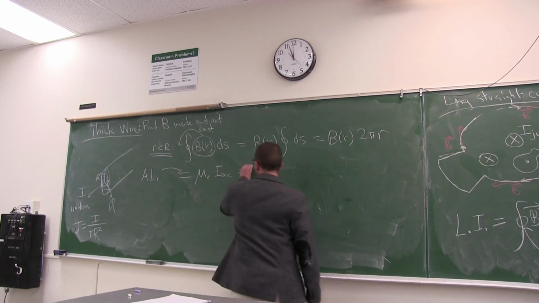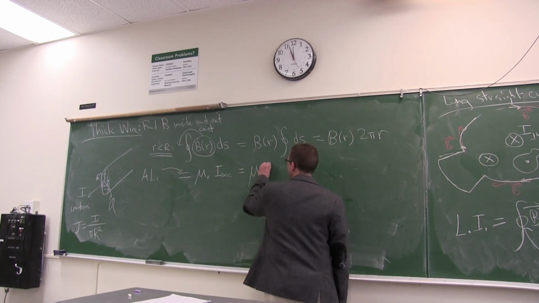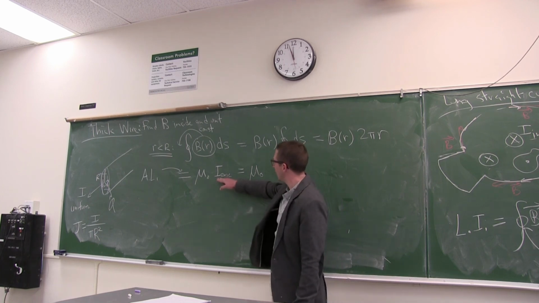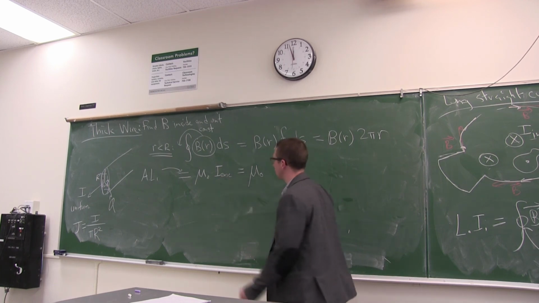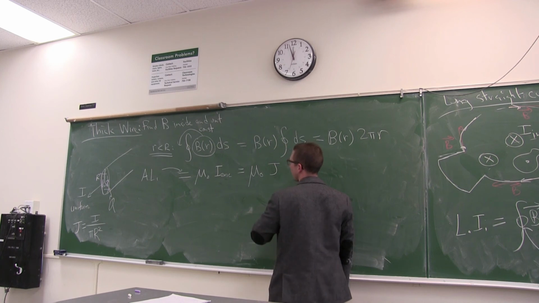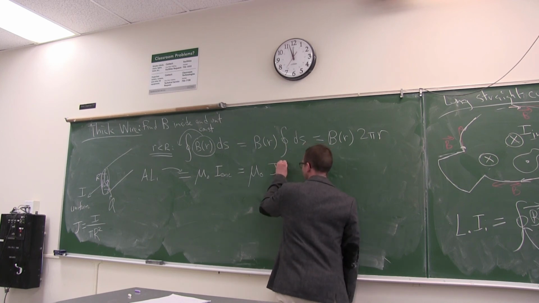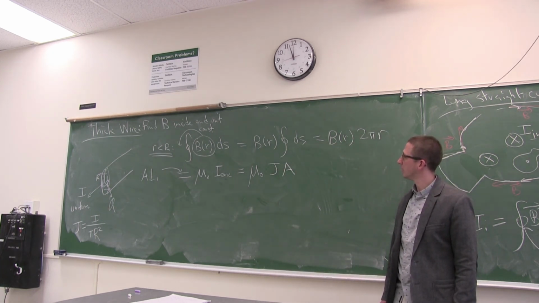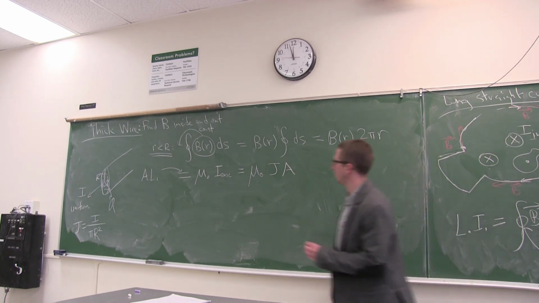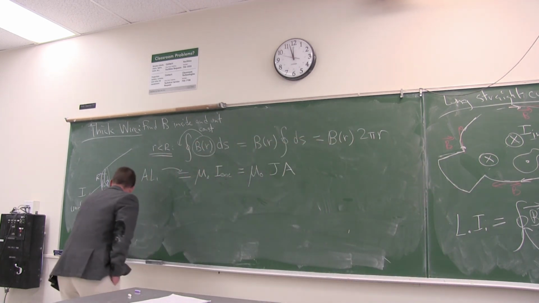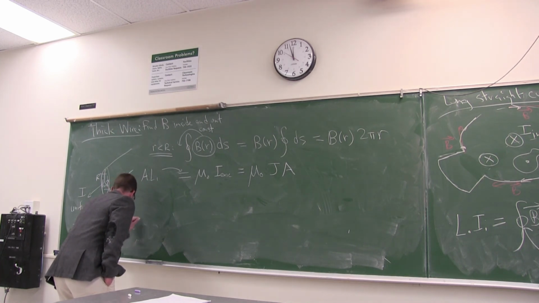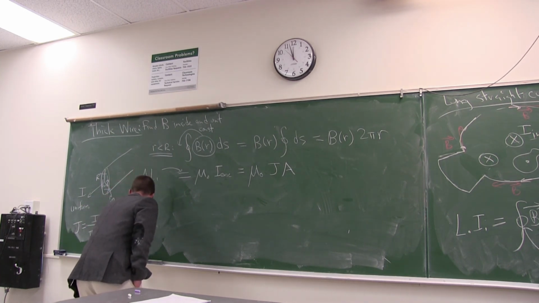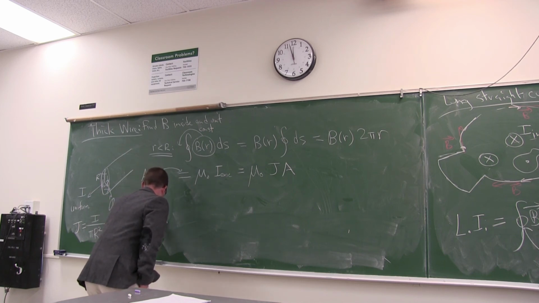So your enclosed current is going to be mu naught times I enclosed. And I enclosed is just going to be J times A. So let me write it this way: I enclosed is equal to the double integral of J dot dA.